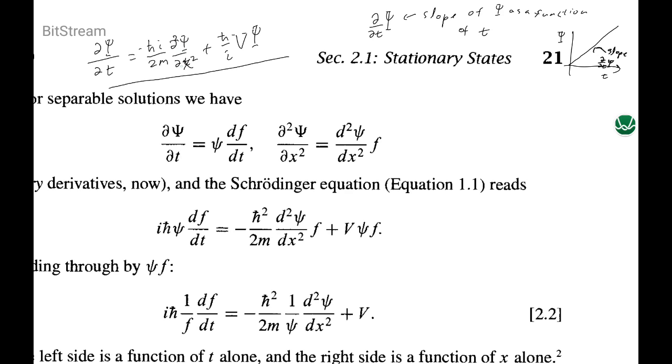Del squared del x squared means the slope of the slope. So if I had my straight line again, I would take the slope of that, I would get a constant, and then the slope of my constant would be 0.